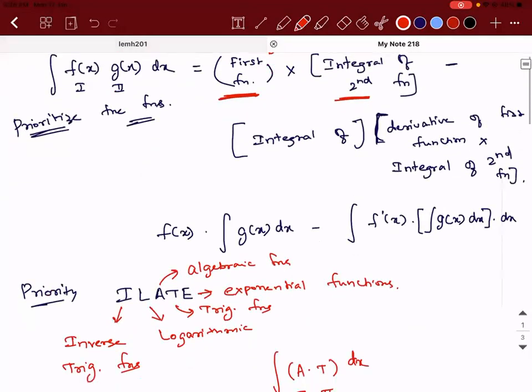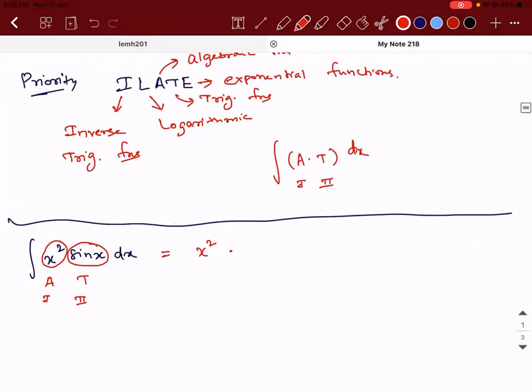First function into integral of second function minus, put one integral and open a bracket, integral of derivative of first function. What is the derivative of first function? 2x into integral of second function. Are you guys clear with what I did? First function into integral of second function minus integral of derivative of first function into integral of second function.